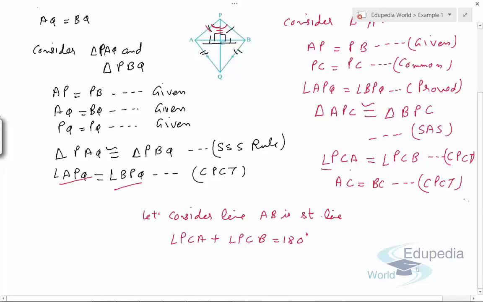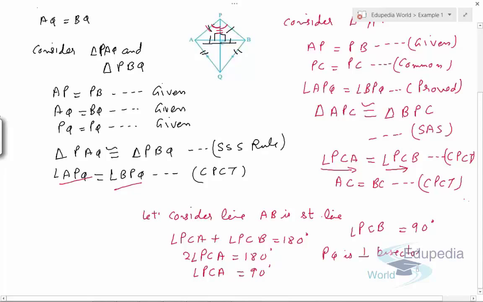Since angle PCA equals angle PCB, we can write 2 times angle PCA equals 180 degrees, so angle PCA equals 90 degrees. Similarly, angle PCB is also 90 degrees. So PQ is the perpendicular bisector of line AB, because AC equals BC, and each angle is 90 degrees. This is how we can prove these types of questions.